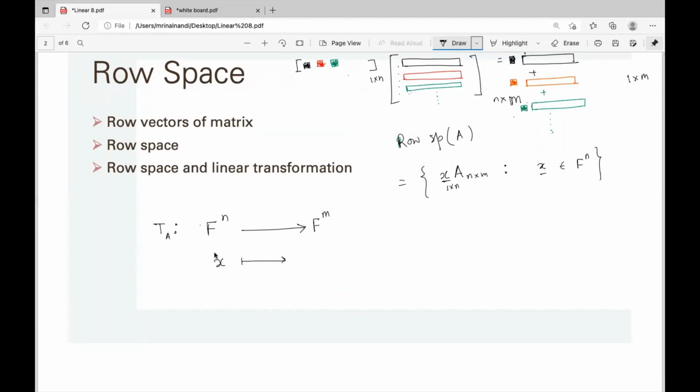If you take any element x from Fn, the output is xA, and we know this is a linear transformation for fixed A. Now, it is clear that the row space is nothing but the range of this linear transformation.